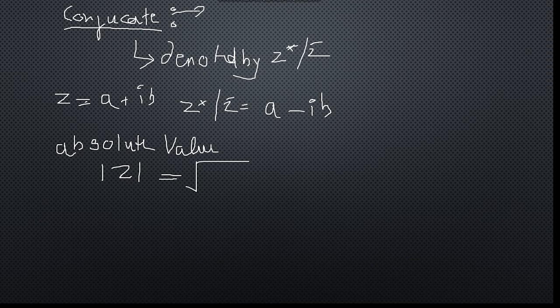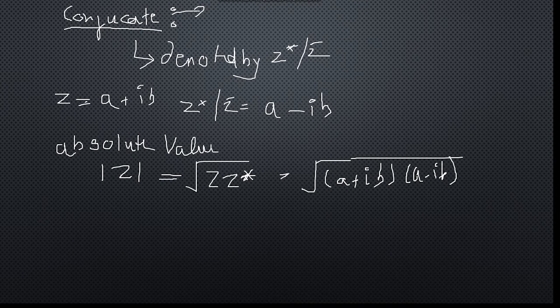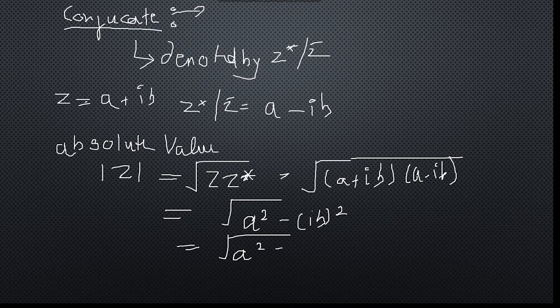We will find the square root of the complex number into its conjugate, which becomes A plus iota B into A minus iota B, which gives us the square root of A square minus iota square B square, which is equal to the square root of A square plus B square.